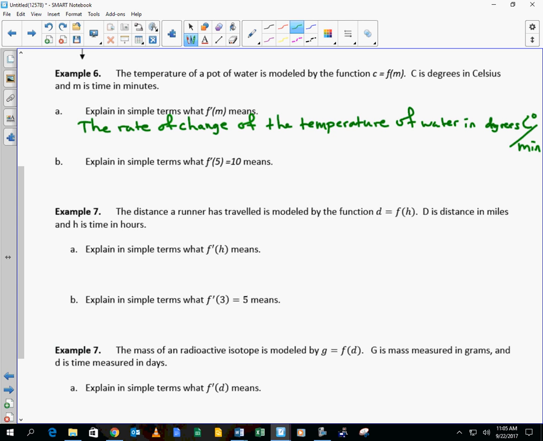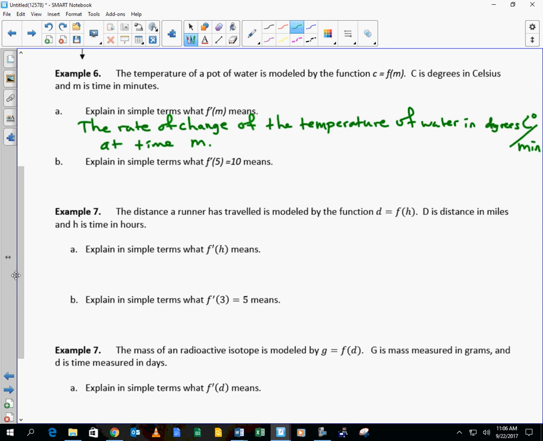But it means more than that. Am I looking for an average rate of change or an instantaneous rate of change? So that means that it's at a specific time, right? So at time M. All right, M minutes, that's fine.